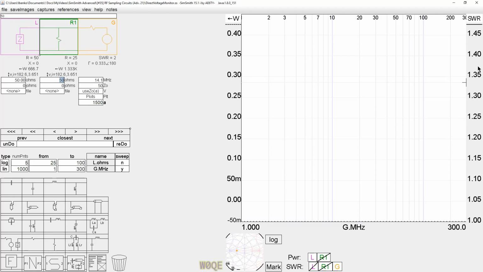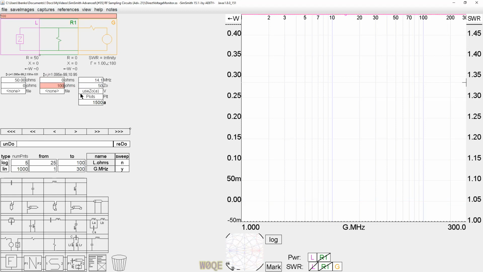Well, 50 ohms obviously caused the SWR to go out of sight. Let's raise this number up and see what we can get. If I assume that the biggest SWR I want to allow is 1.05 to 1, basically we're talking about something in the order of about 1,000 ohms. 1,000 ohms of resistive shunt will give me a 1.05 to 1 SWR.